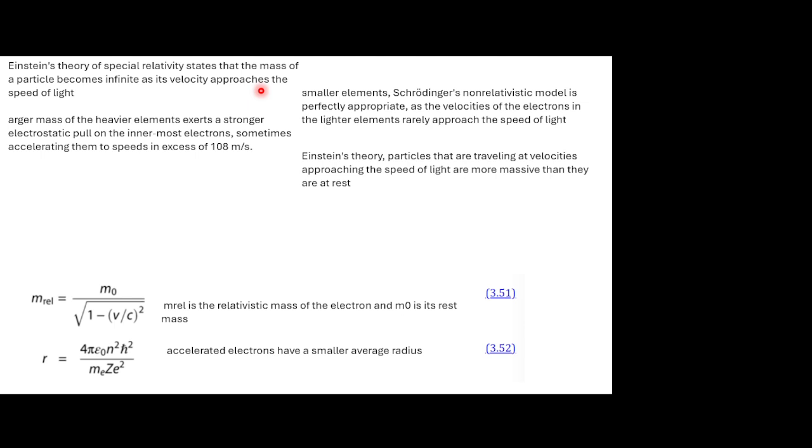Okay? And so in the smaller elements, your Schrodinger non-relativistic model is fine. We don't have to worry about relativity. Nothing's getting accelerated anywhere near the speed of light. Yay. And it makes it very convenient when we're working up in periods 1, 2, and 3, which is the vast majority of chemistry, right?